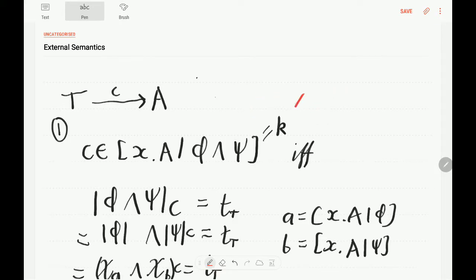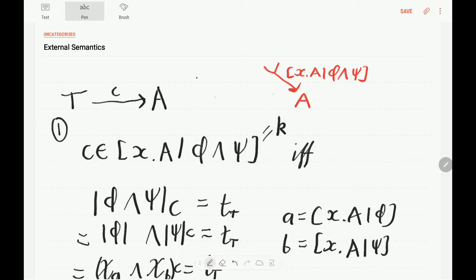A over here. We've got this subobject of A, which is the extension over x in A of phi and psi. That's the subobject.